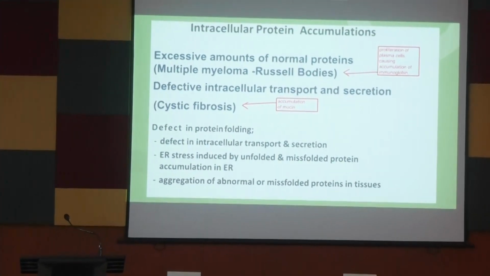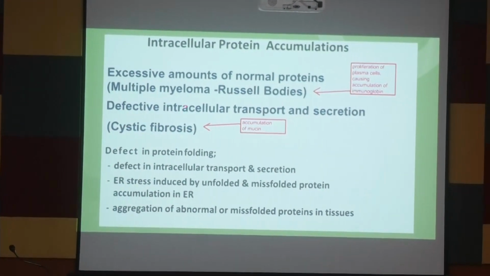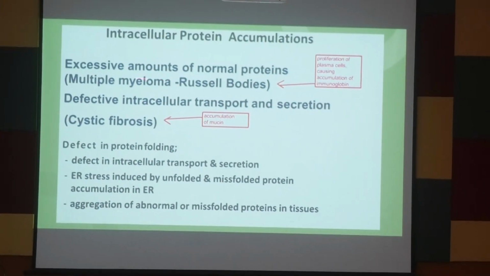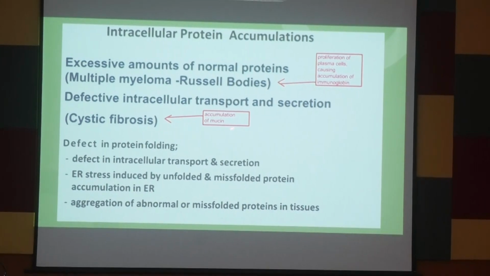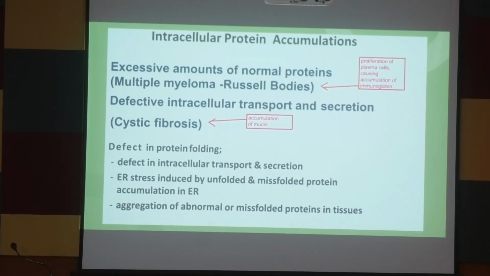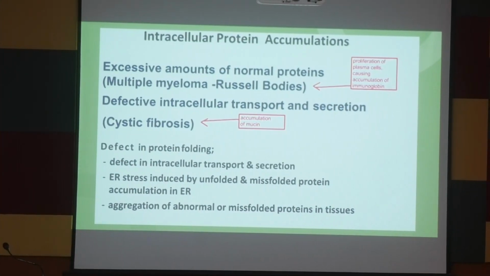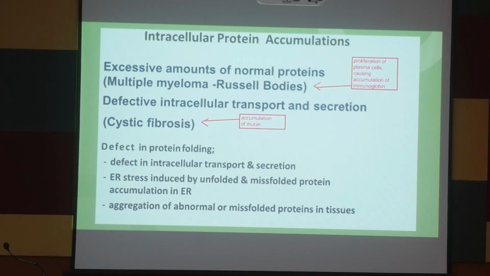Another intracellular protein accumulation defect is defective intracellular transport and secretion of protein due to mutation in which gene? CFTR gene, chromosome 7, right? Cystic fibrosis. So defective intracellular transport and secretion of protein and accumulation of mucin in the airway and in the lungs.